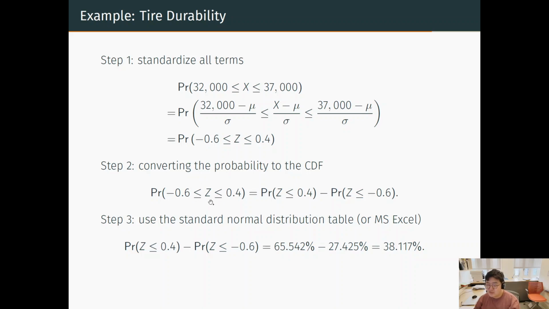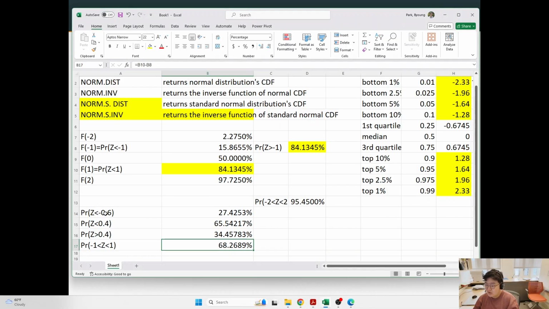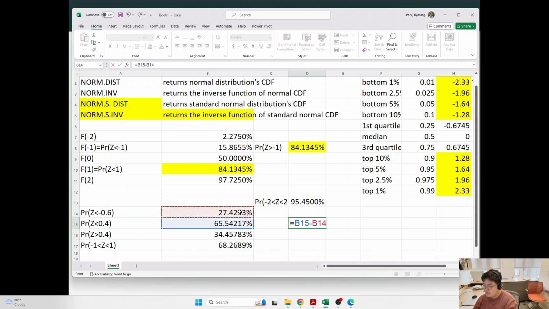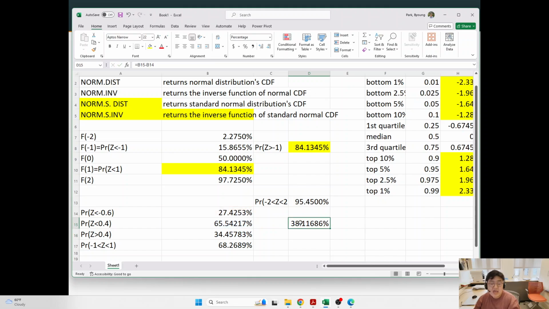So to transform that into cumulative probabilities, we use this method. Okay, and then find this cumulative probability from Excel, find this from Excel, right? We already got these 2 probabilities, so their difference is 38%. That is the probability in between these 2 points, -0.6 and +0.4.